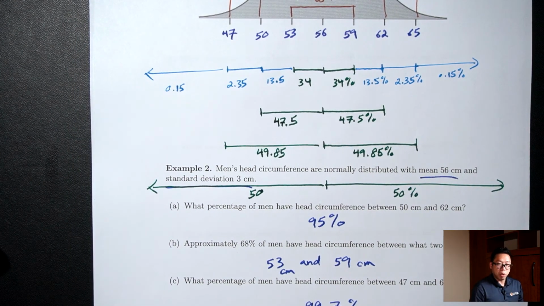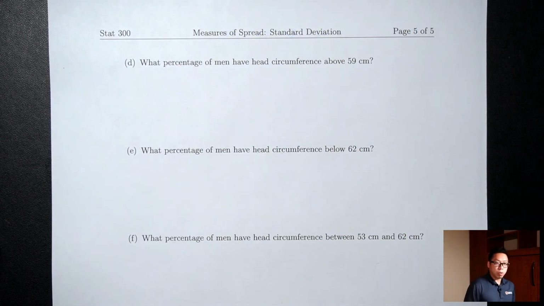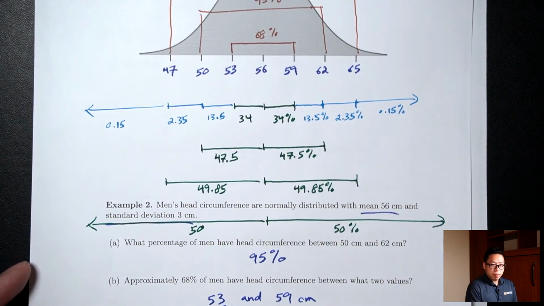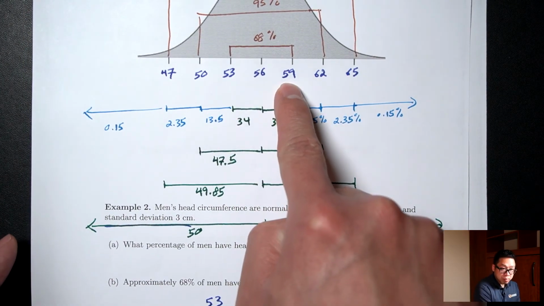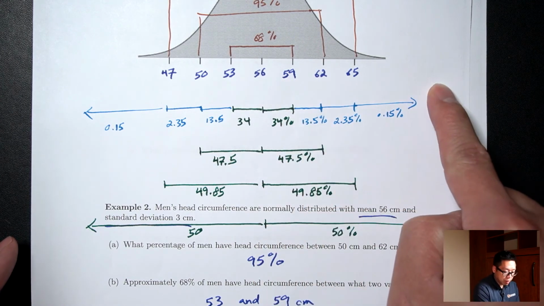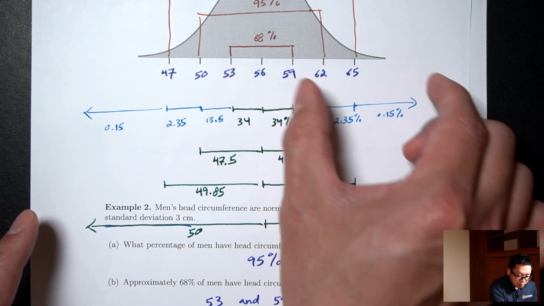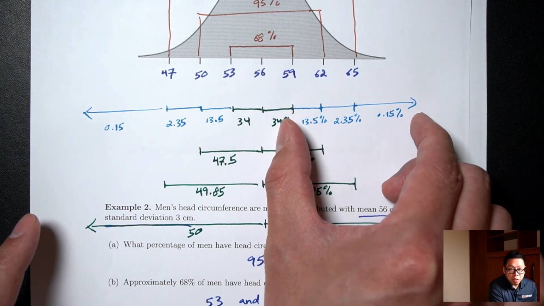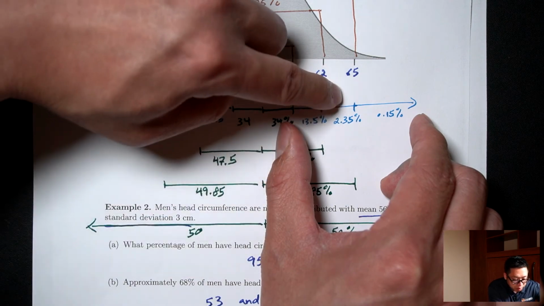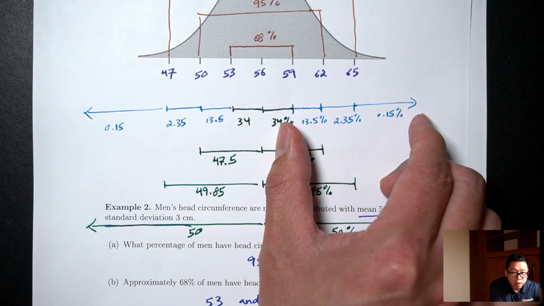Now, let's try to answer some questions. We can answer these other questions by just adding the right percentages from our picture on the previous page. Part D says, what percentage of men have head circumference above 59 centimeters? Above 59 means 59 all the way to the right. So I want to add up the percentages from 59 all the way to the right. This is telling me that I want to add the 13.5, the 2.35, and the 0.15.